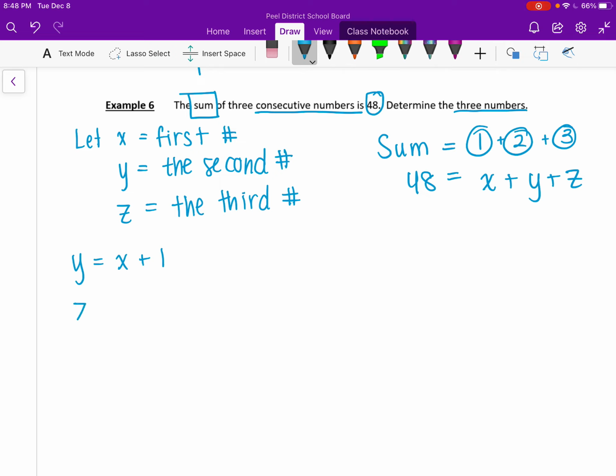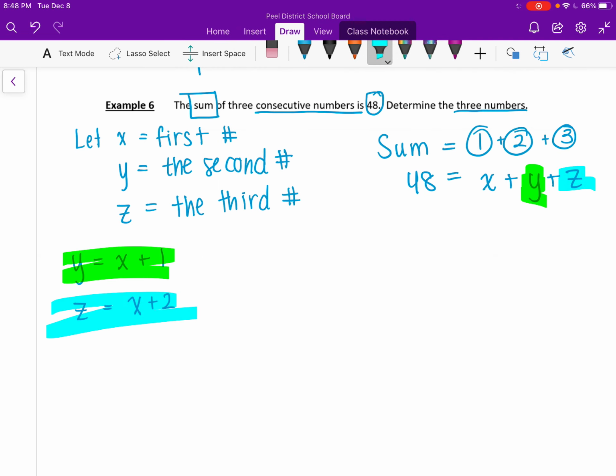I know that z has to be x plus 2 because it's 2 spaces over on the number line. So knowing this information, I can go back and plug in x plus 1 for y and x plus 2 for z. And now everything's in the same variable.